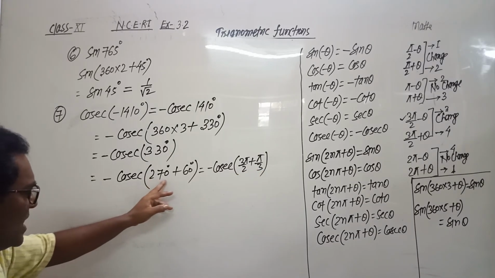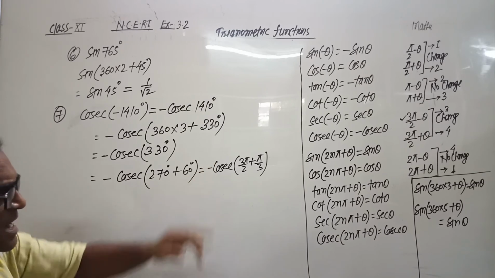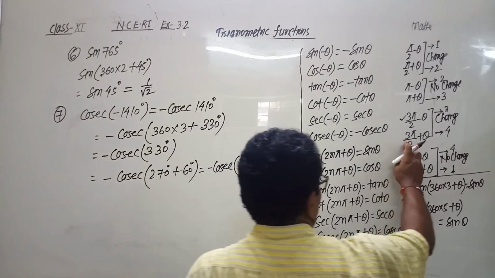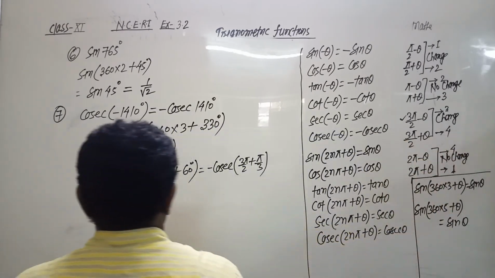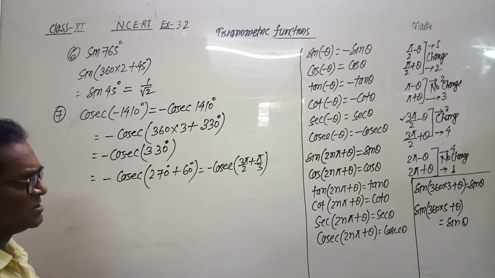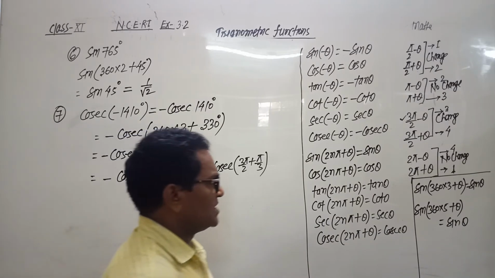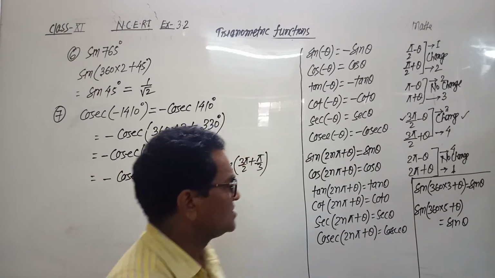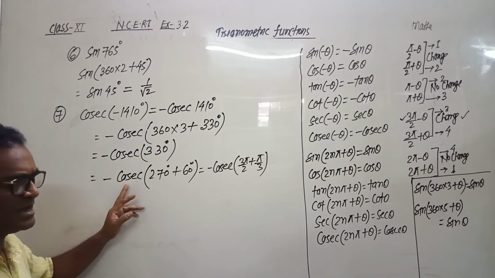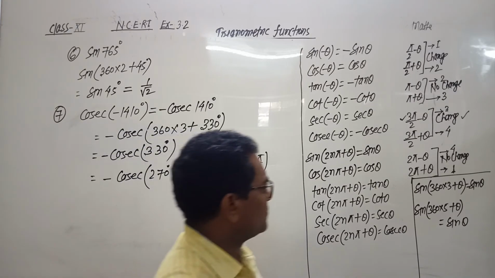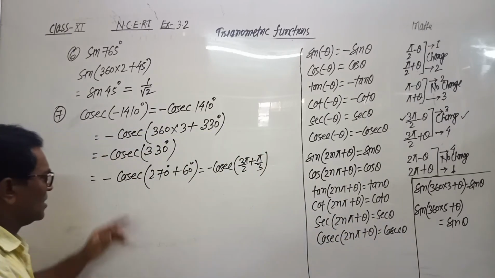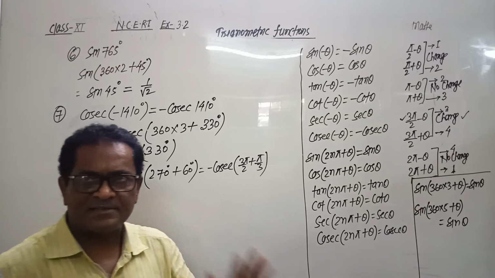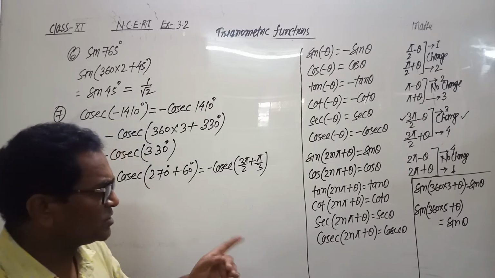So this formula will be used: cosec(3 pi by 2 plus theta). In this there is a change, which means cosec becomes sec. And in the fourth quadrant, cosec is negative; only cos and sec are positive in the fourth quadrant.